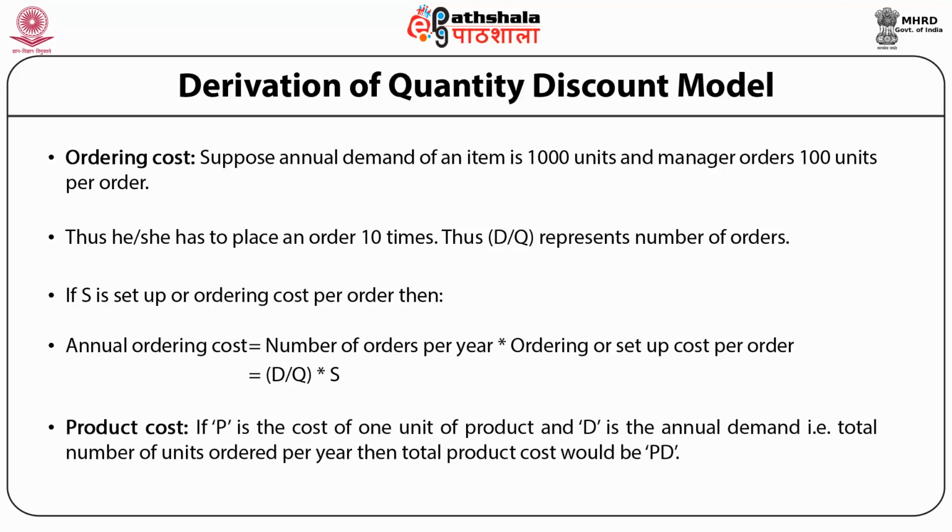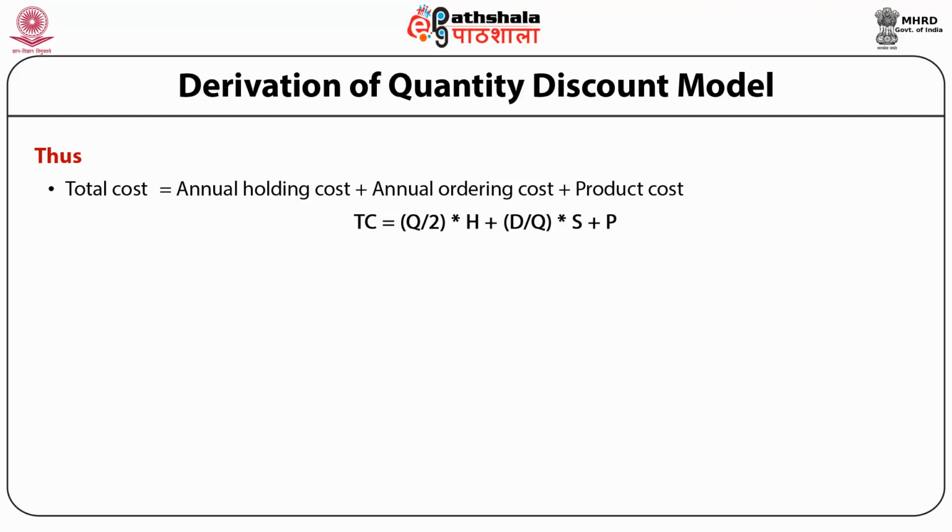Product cost. If P is the cost of 1 unit of product and D is the annual demand, that is, total number of units ordered per year, then total product cost would be PD. Thus, total cost equals annual holding cost plus annual ordering cost plus product cost.